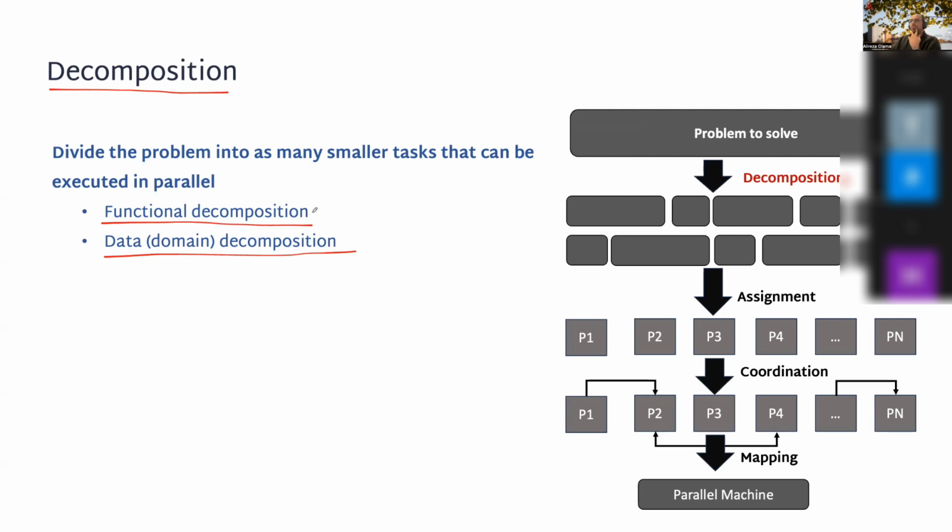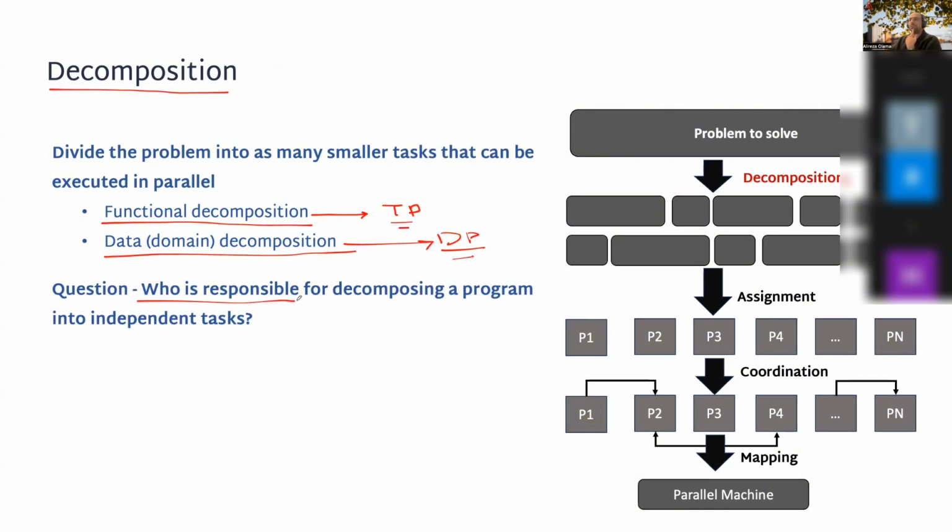This functional decomposition usually enables task-based parallelism, and this data decomposition enables data parallelism. So this is task parallelism and data parallelism. These things really depend on the problem.